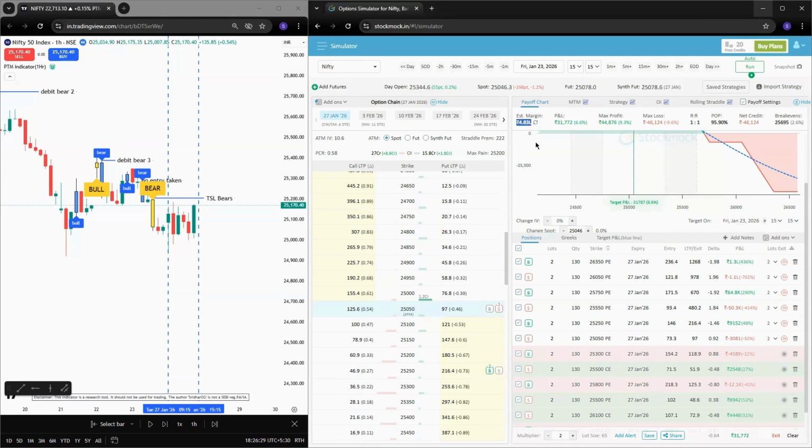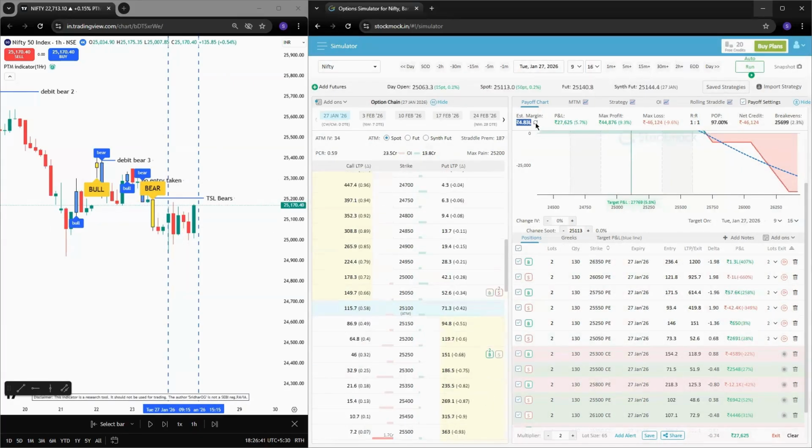It is within my limit of 5 lakh. But immediately when I go to the next day, which is expiry day, Tuesday, because Monday is a holiday, so we go directly to Tuesday, you see that my margin requirement right now at 9:15 in the morning is 6.5 lakhs.